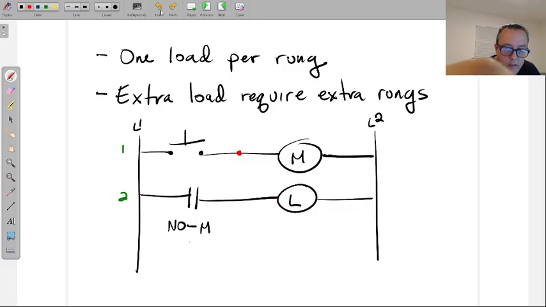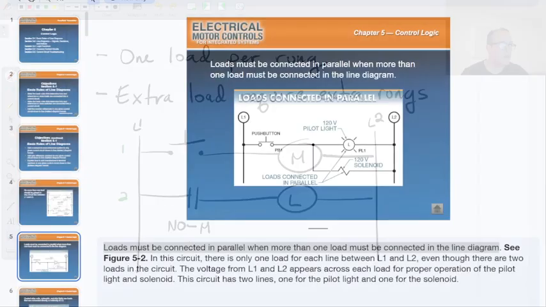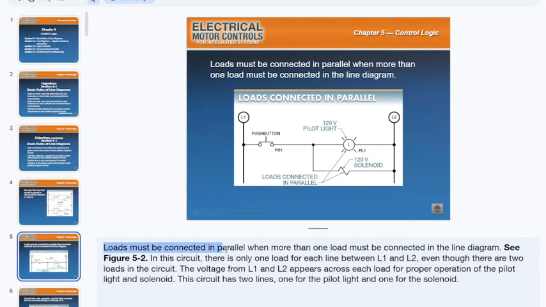So because this is not parallel with each other, but we are dealing with more than one load, this is why I don't like the way this sentence is structured. Loads must. No, they must not.